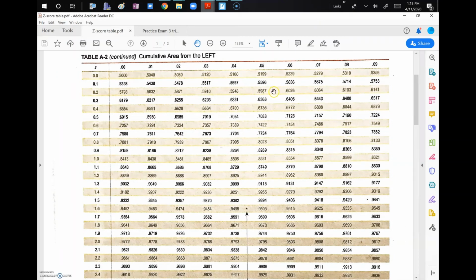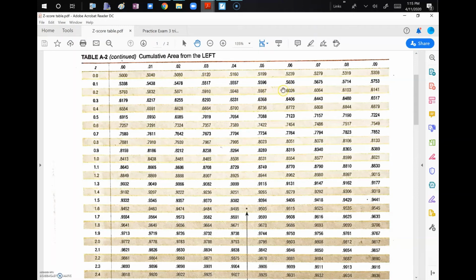And this is a great example for where the area inside our chart doesn't quite fit. So here I can see my value of 0.6 is in between these two numbers. So I want to see which one is closest. So if I take 0.5987 and subtract that from 0.6, the difference is 0.0013. And then if I look at this other number, 0.6026, and subtract it, the difference is 0.0026.